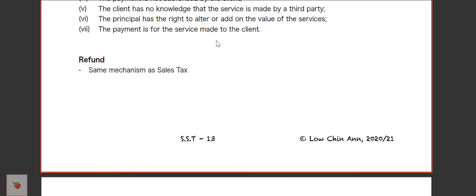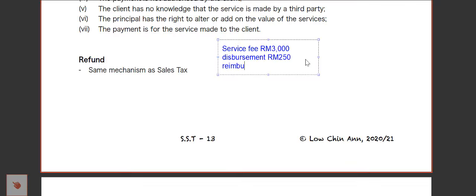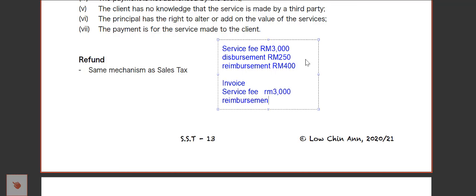Okay. Now for example, let's say the service fee is 3,000, and then they put that disbursement is 250, and there are some reimbursements of expenses which is 400. So if you want to issue your invoice, this is what you do. So the service fee is 3,000, the reimbursement is 400, so the total will be 3,400.